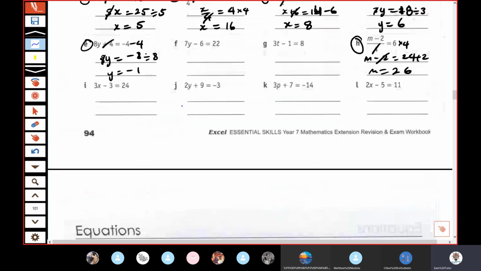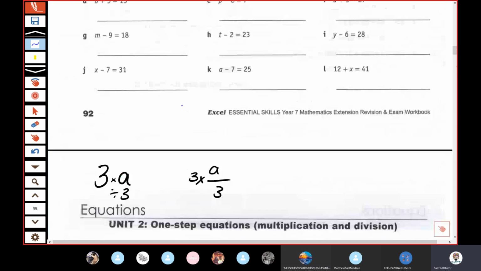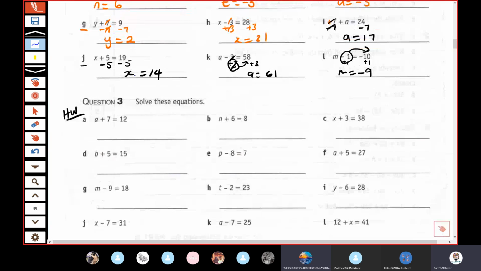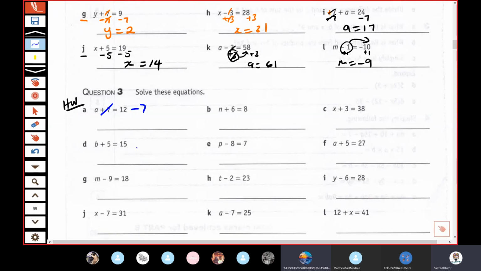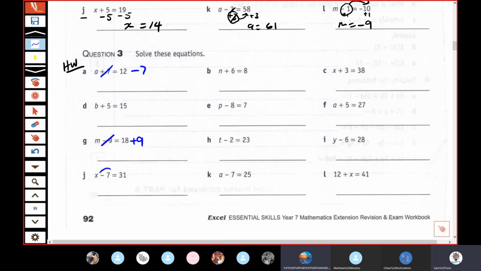You know what you're missing? Positive. You see these ones here that we were doing last week? How do we get rid of a plus 7? You minus. So how do I get rid of a minus 9? You plus it. So the same thing, if I'm circling it and bringing it to this side, you are just getting rid of it and plussing 7.